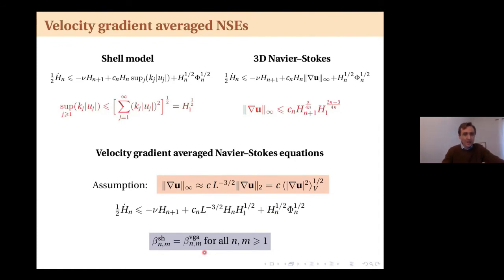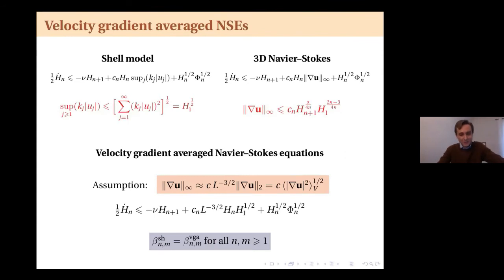So as far as the behavior of the velocity derivatives is concerned, the shell model is comparable to a 3D Navier-Stokes equation where the large deviations of the velocity gradient from the mean are depleted or suppressed.